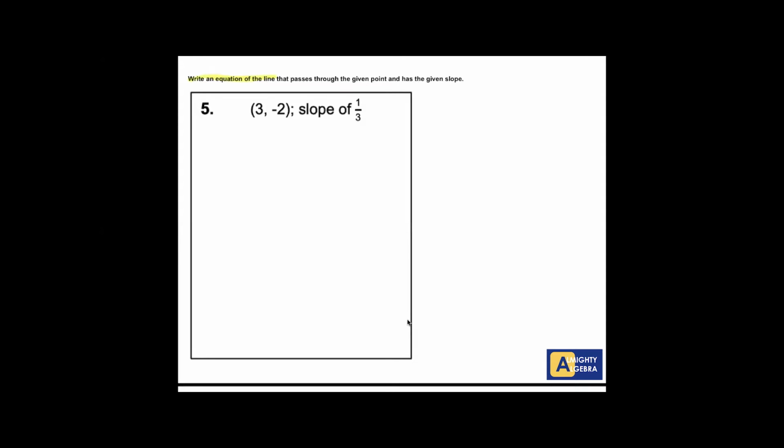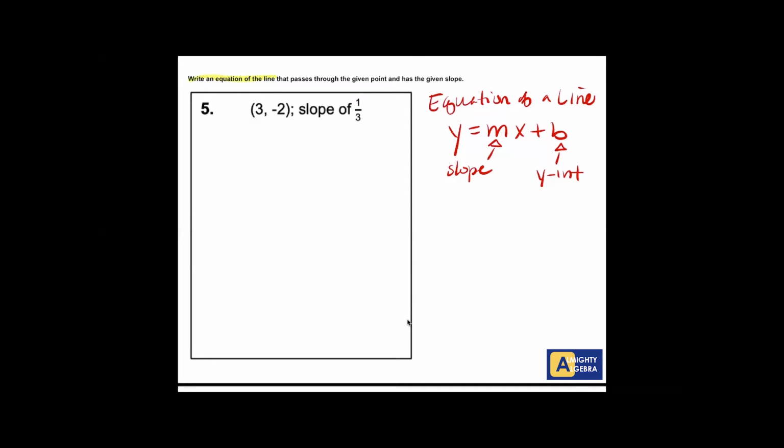So the first thing we need to know is, what is the equation of a line? If you look at your formula chart, the equation of a line in slope-intercept form is y equals mx plus b, where m is the slope and b is the y-intercept.